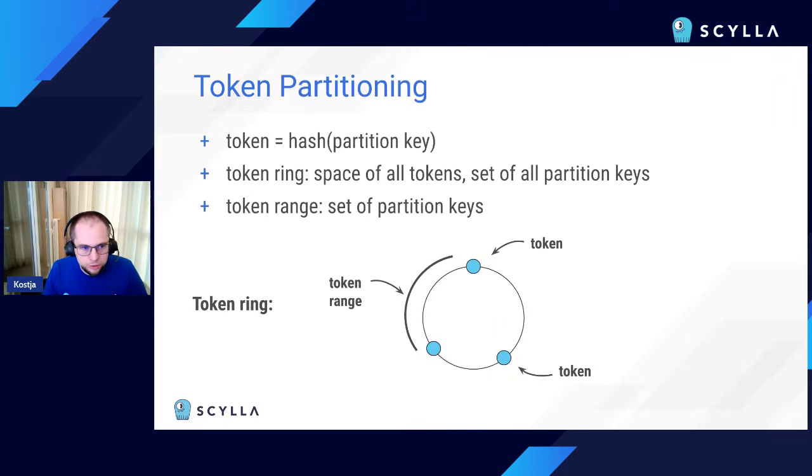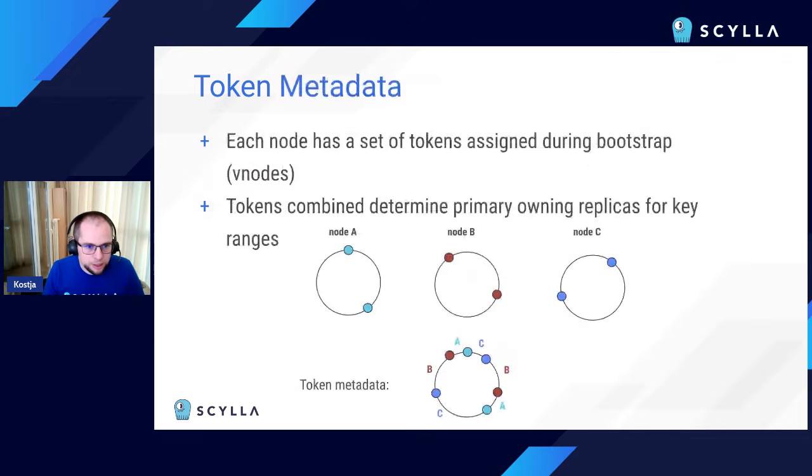And so the token partition is these three things: the hashing, the ring, plus the information on the replication factor.